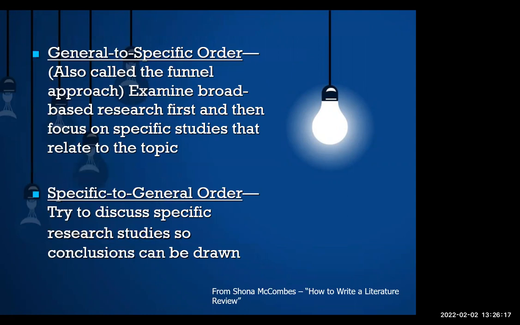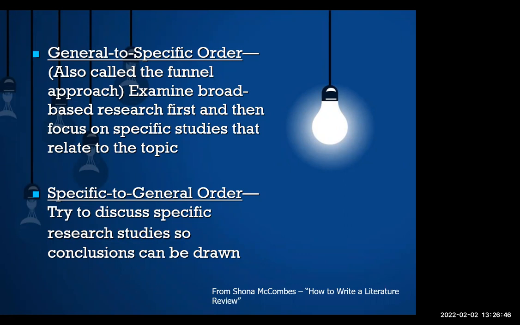Another type of structure you can use is general to specific. So you can start very broad with your focus and move to a more focused, specific study that relates to the topic. Or you can do vice versa. You can go specific to general. You can start with the very specific information about your topic and move to the general and draw conclusions about your topic and your focus.